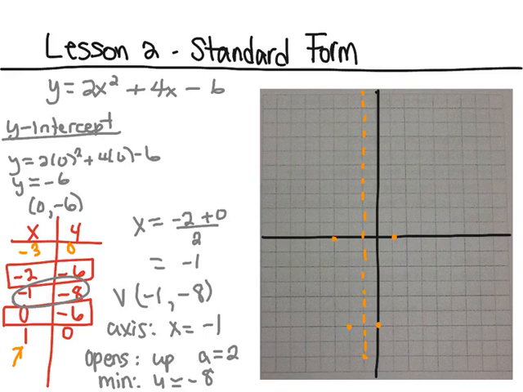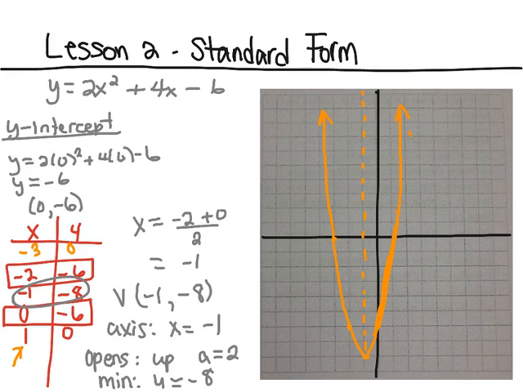So our function should look like this, except that should be more straight. Like that. So something like that.